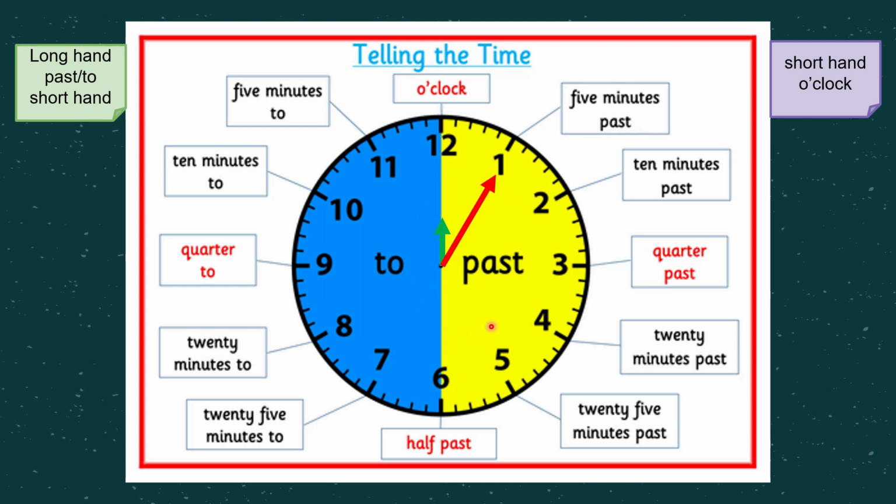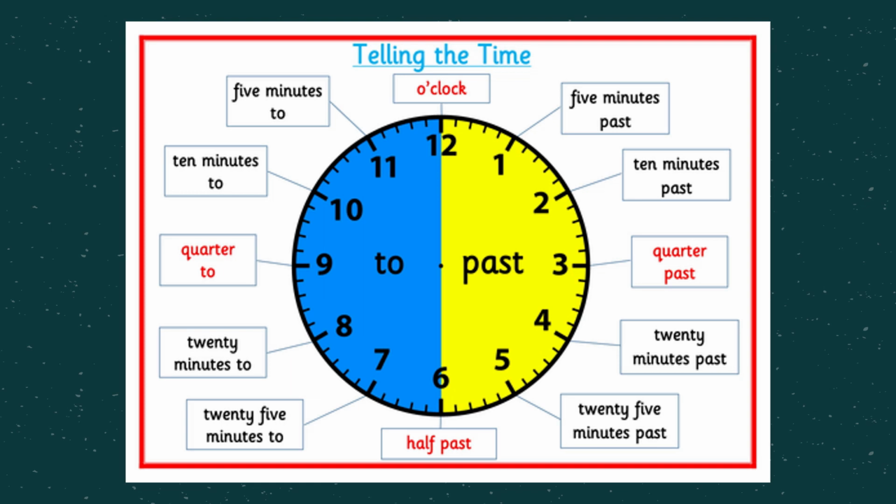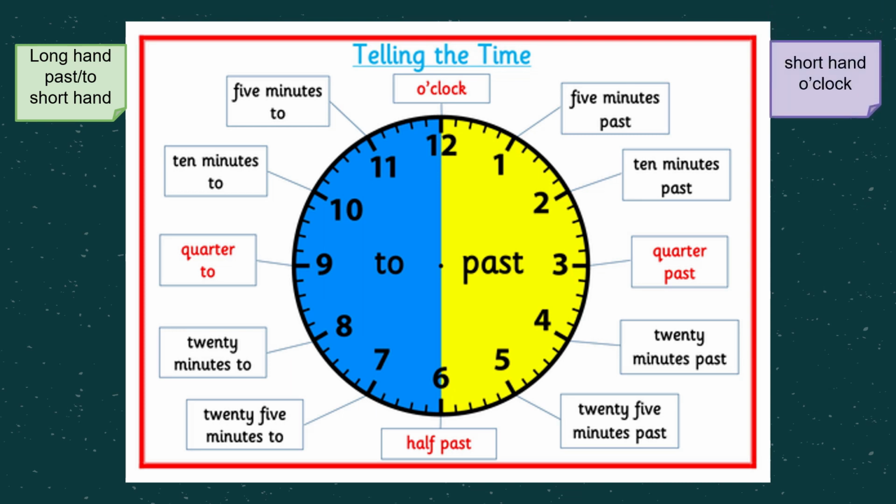So, in this example, the time is 5 minutes past 12. Let's look at another example. Remember the 2 formulas, longhand past or to shorthand, or shorthand o'clock.